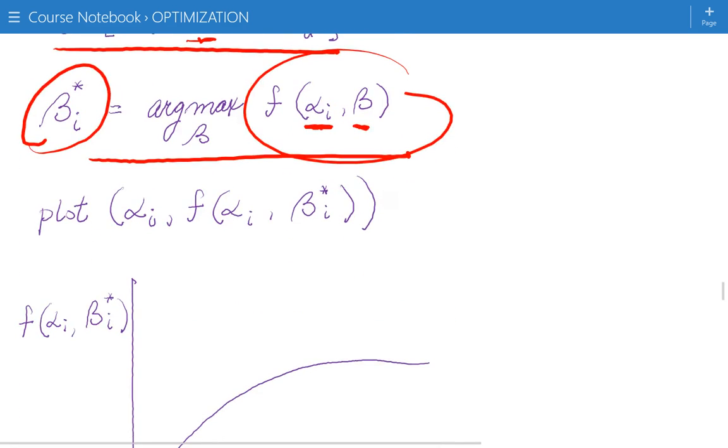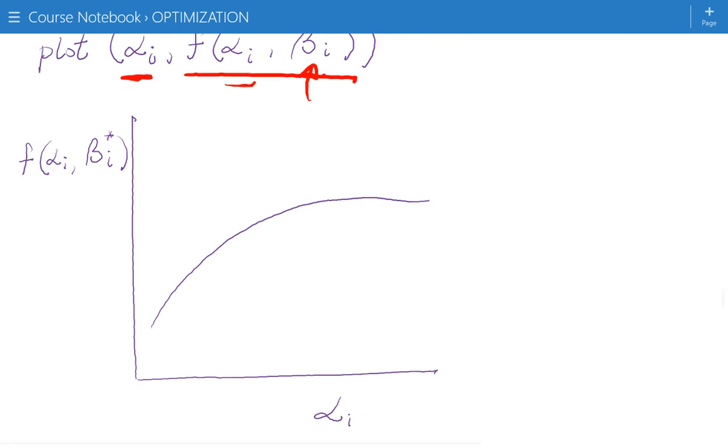And then we can plot each of those alphas with this function that we got, having the alpha that we put in there and then the estimated maximum associated with the beta, and plot this function. And what we're looking for is that at the top here, near the alpha hat, this is quadratic.